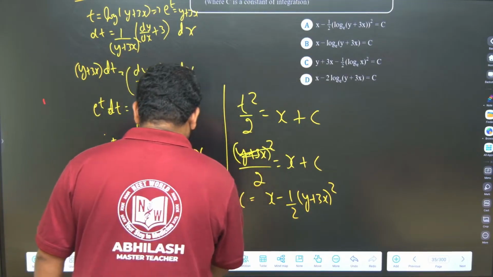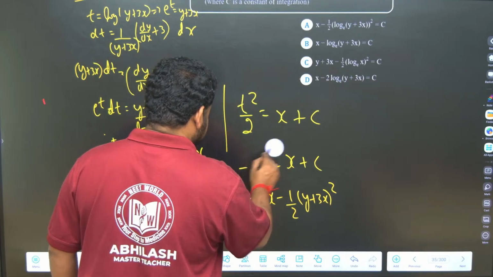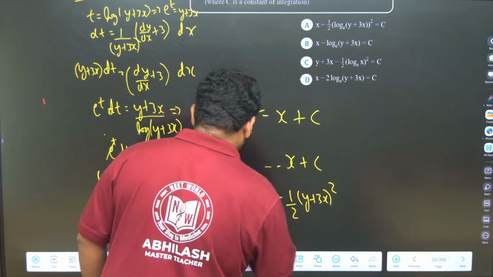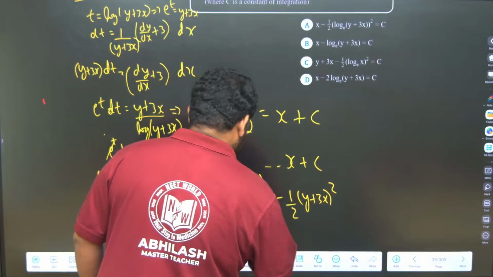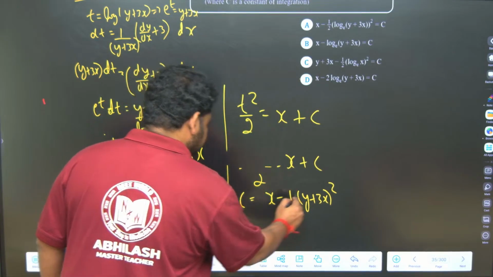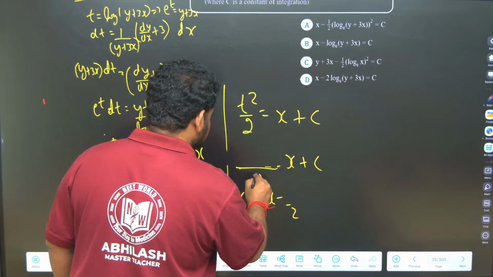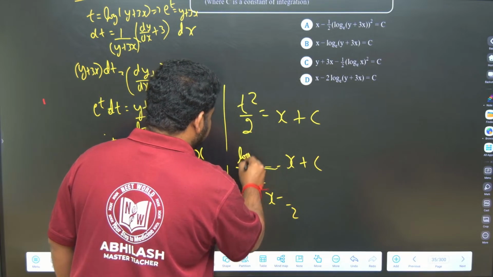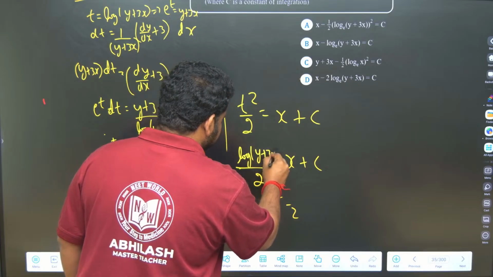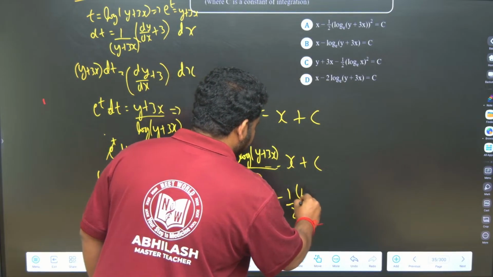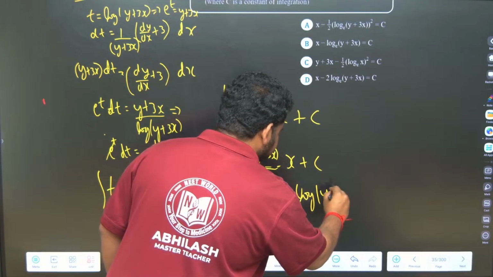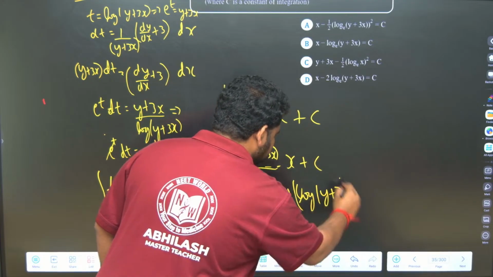Just some slight error, just put log also, that's it. So c is x minus 1 by 2 log of y plus 3x whole square, including the log.